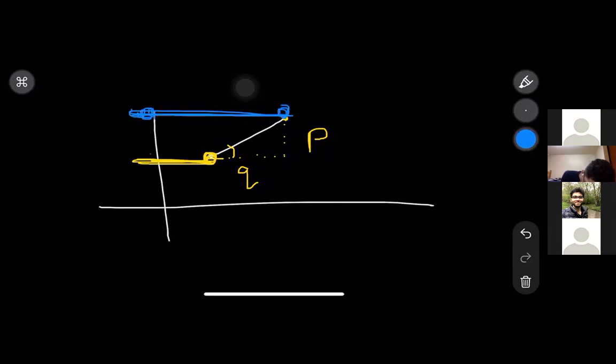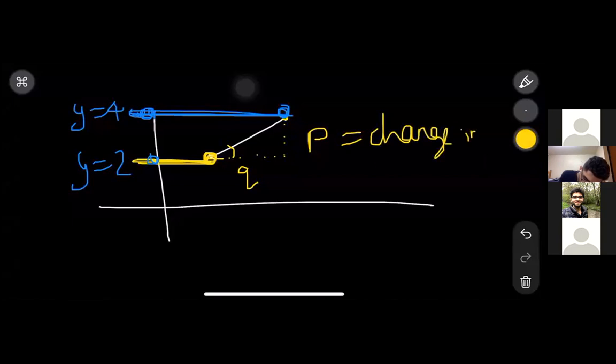So this is, let's say y equals 2 over here, y equals 4 over here. So basically on the y-axis, we have observed some change from the start of our interval to the end of our interval. And another way of writing P is change in y. It's the length between our starting y value and the ending y value. So the P is basically the change in y.